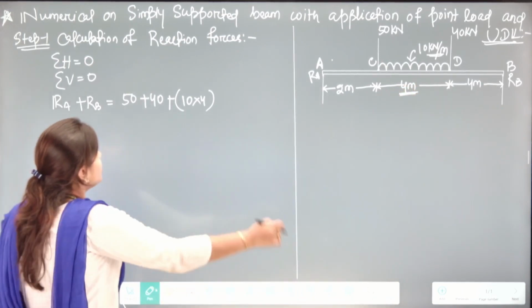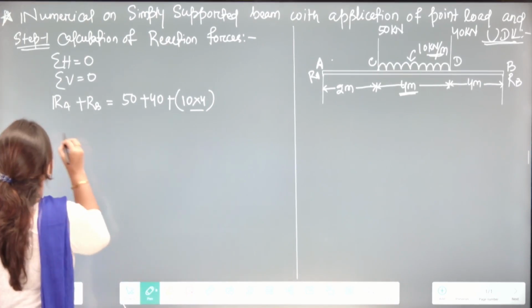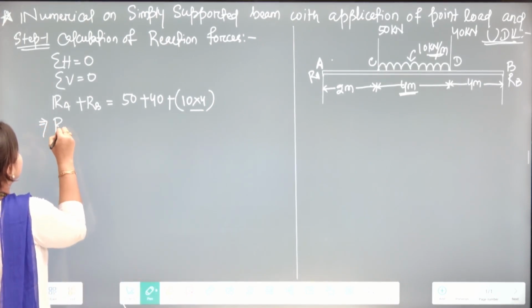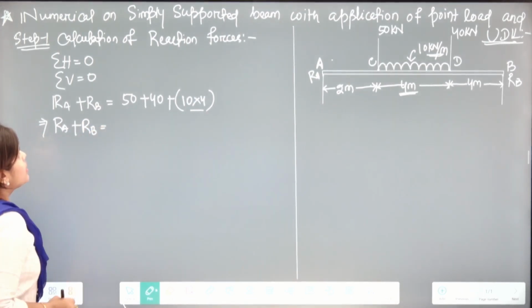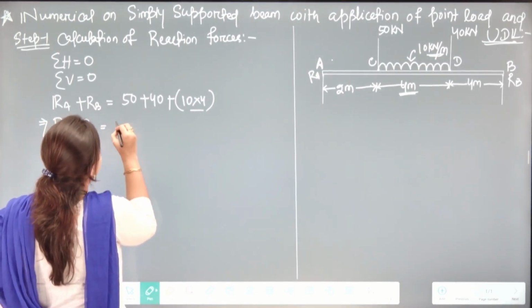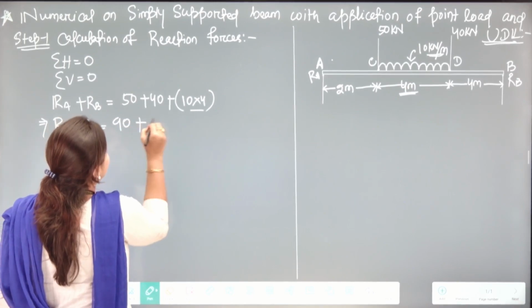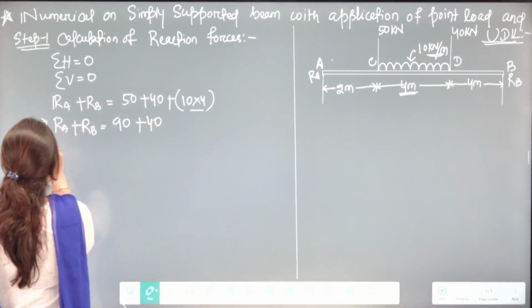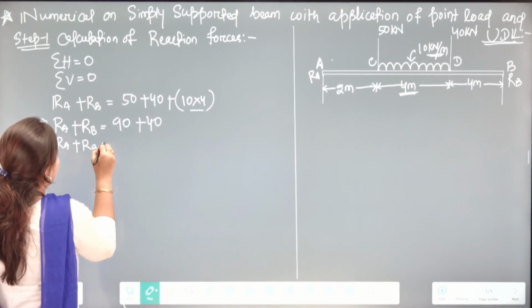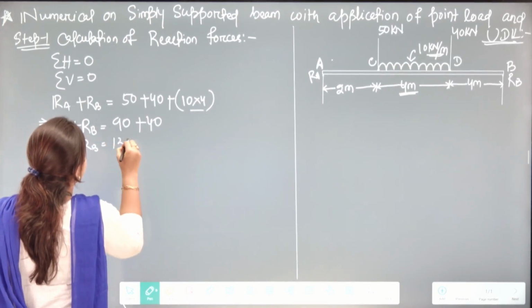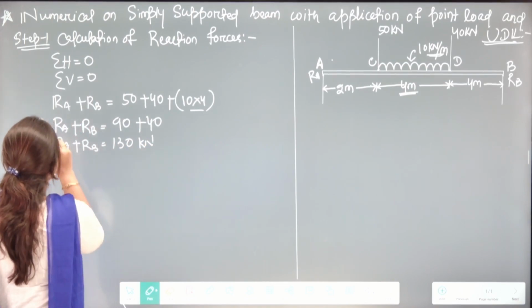That's why we multiply this. RA plus RB equals 90 plus 40. Here we will have RA plus RB as 130 kilonewton.